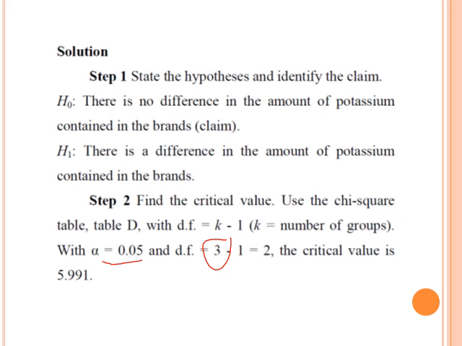So we go to Table D in the appendix of your book and find the critical value associated with alpha 0.05 and df equal to 2. We find the critical value equal to 5.991. So in step 2, we get the critical value, or the tabulated value.